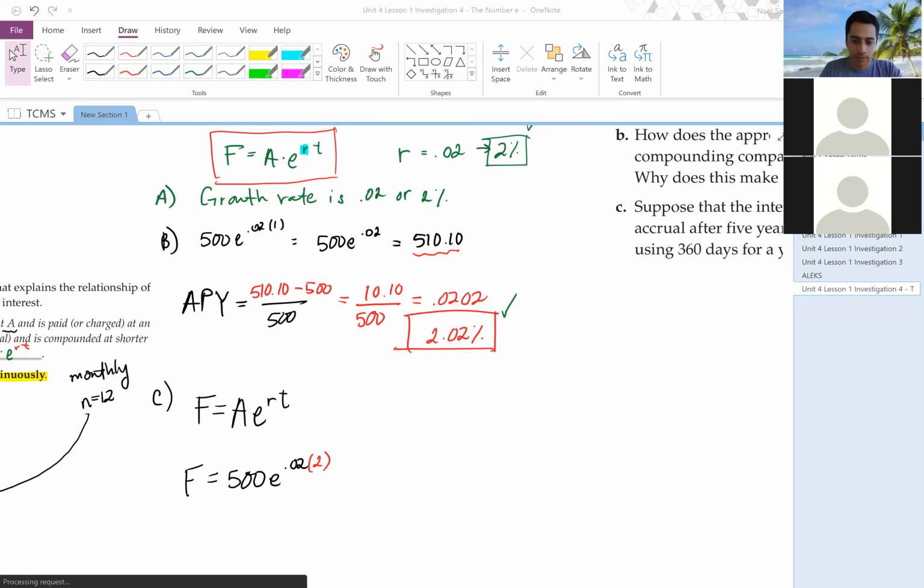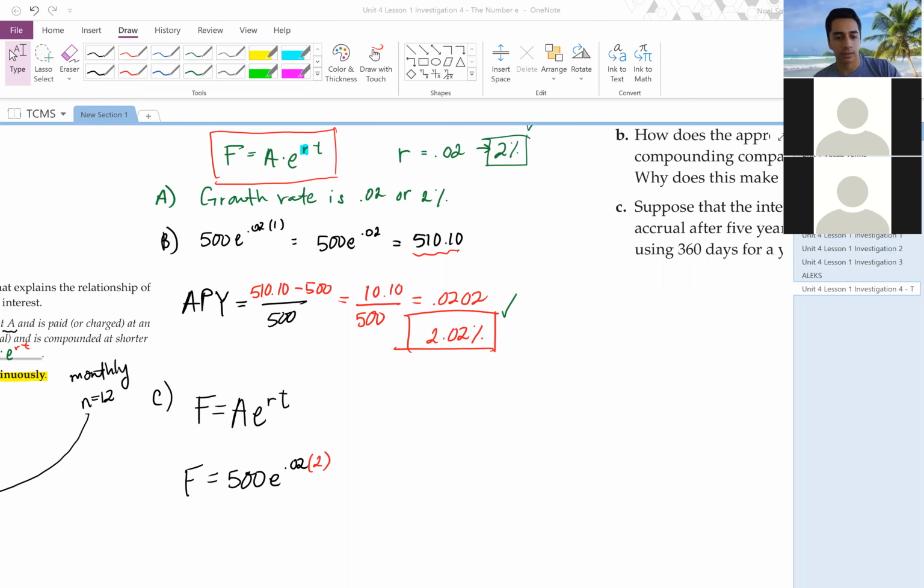Cool. Okay. Oh, somebody joined. All right, so we had 500 times e to the 0.02 times 2, right? So that tells us that in about 2 years, compounding continuously at a 2% rate, we end up with about $520.